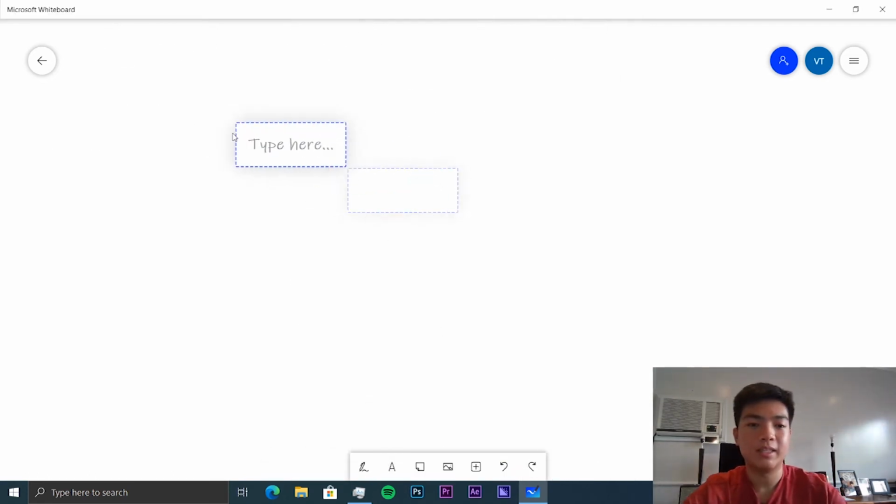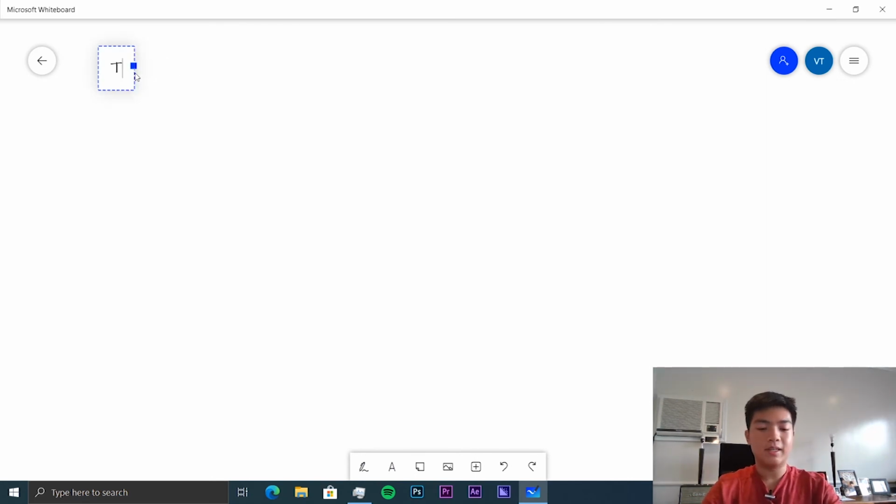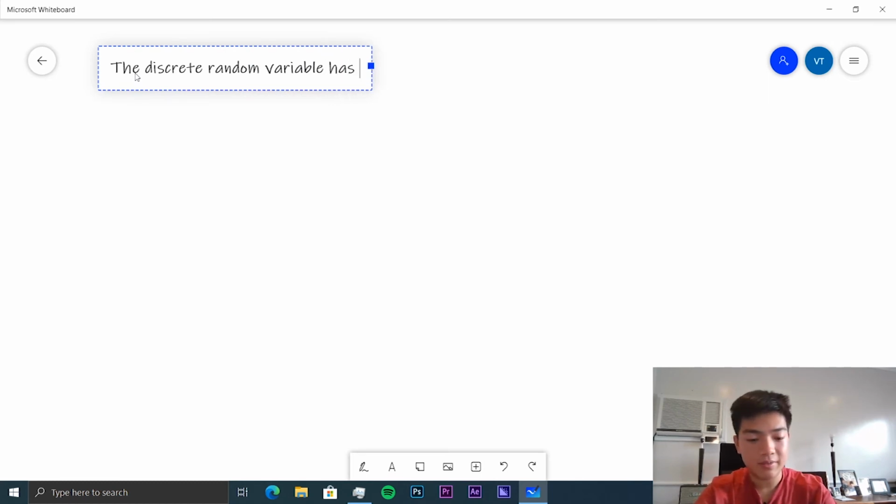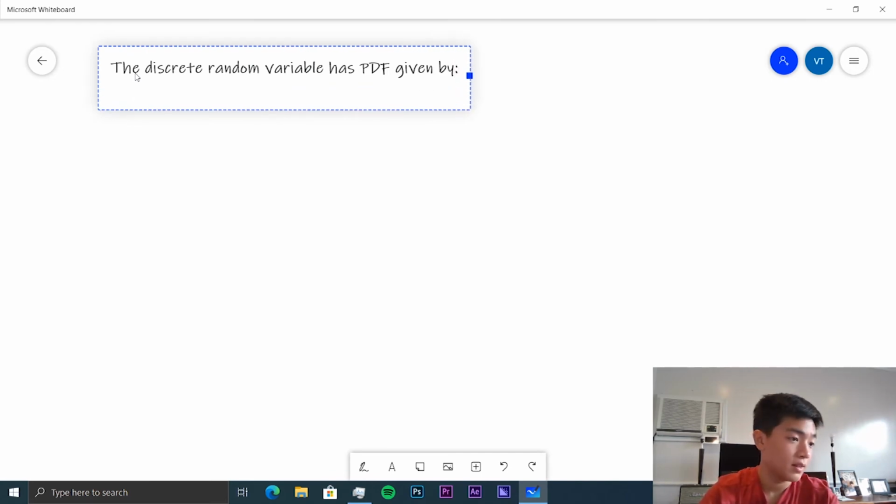Finally, we have a discrete random variable that has PDF given by, and PDF is probability distribution function, the probability of X equals x is equal to kx, for x equal to 10, 11, and 12.